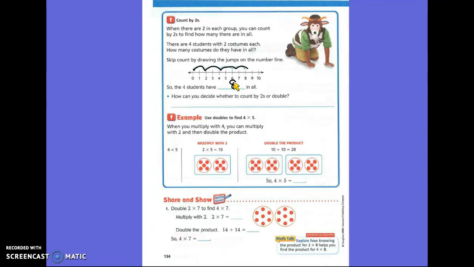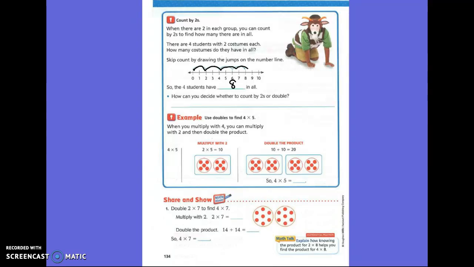Now, how can you decide whether to count by twos or to double? If the 2 is in front, then you just add it twice. But if the other number is in front, then you count 2 that many times.